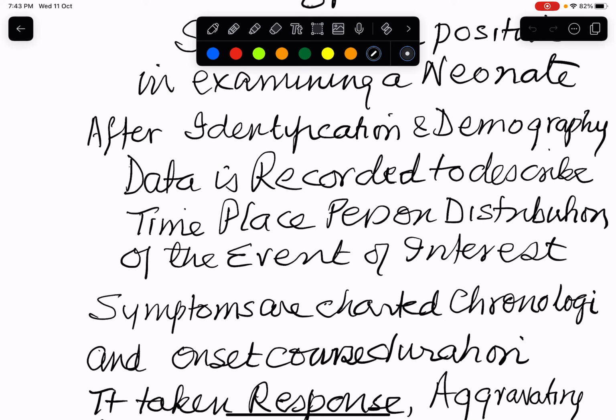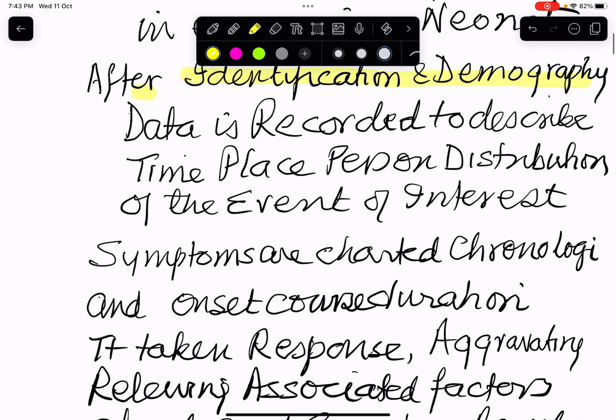So after identification, demographic data is recorded to describe the time, place, and person distribution of the event of interest.